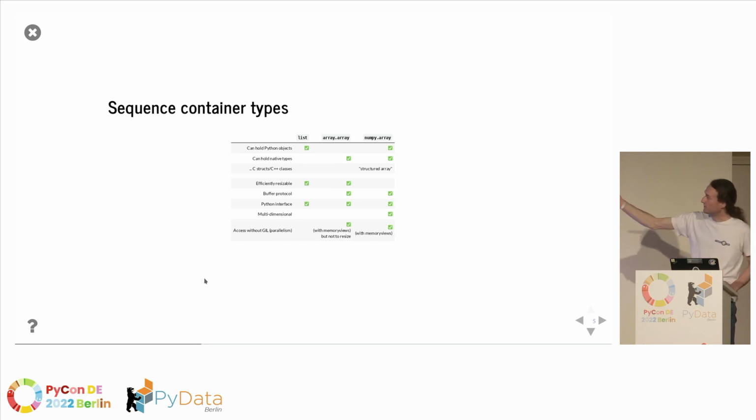And the cool thing about the Python array is that it's resizable, so you can add data to it, which NumPy arrays aren't. Once they have their content, they're pretty much fixed. So that's a feature they have that NumPy arrays don't.